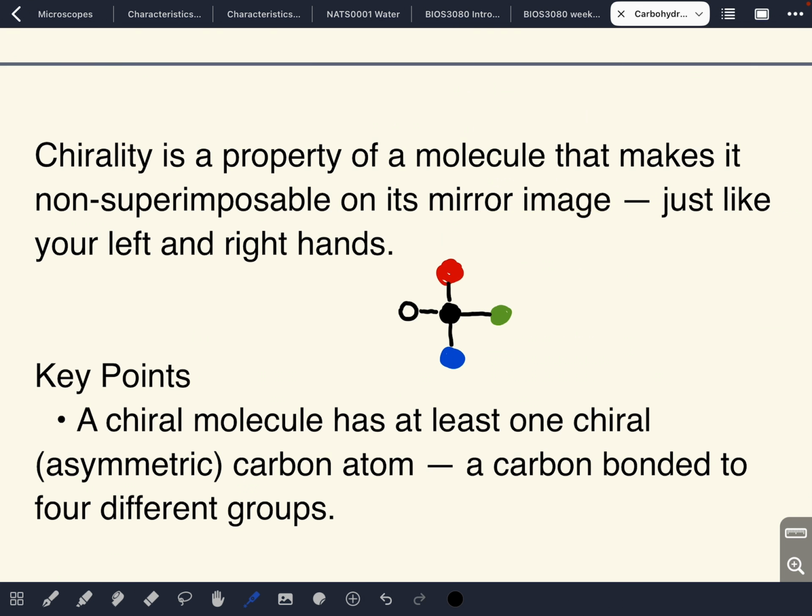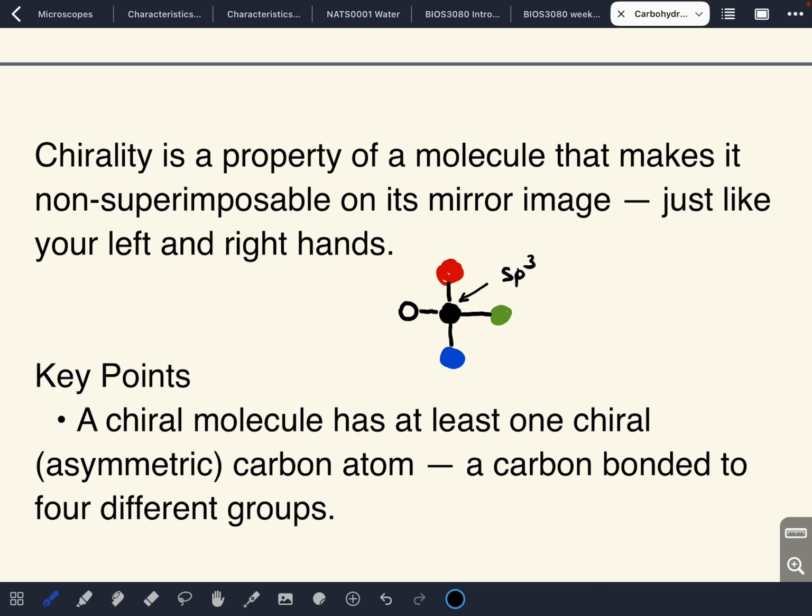In terms of chirality, we need to recognize that this is a feature very often of carbon. So, I've drawn here a carbon molecule, and chirality in carbon can only happen when this carbon is sp3 hybridized. We cannot have a chiral carbon that is only sp2 or sp hybridized.